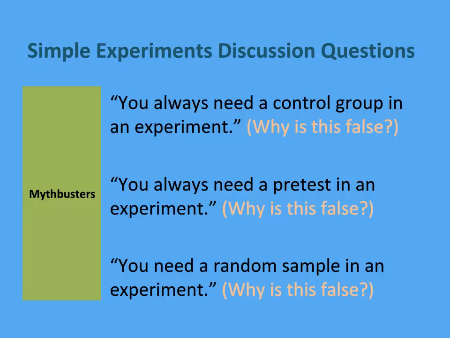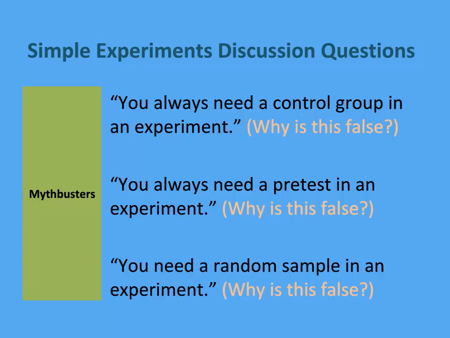So random assignment means I have people come into a room and I flip a coin, and if you get heads, you're in group A, tails, you're in group B. So I've randomly assigned people. Theoretically, if you've done this, you should even out all of the group differences so that you have two approximately equal groups.